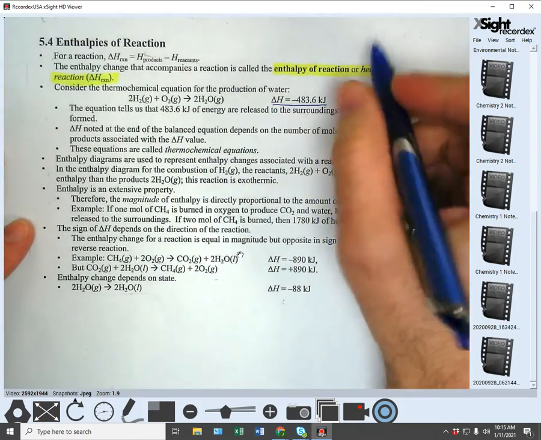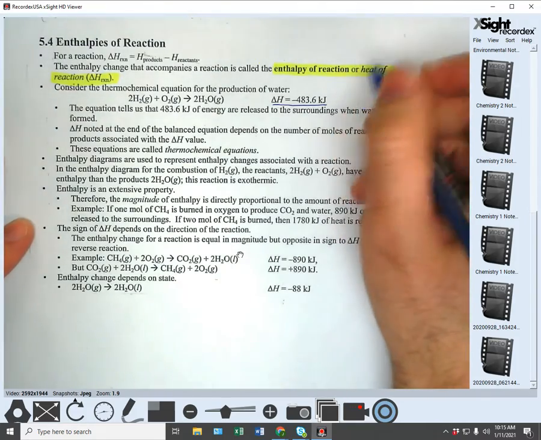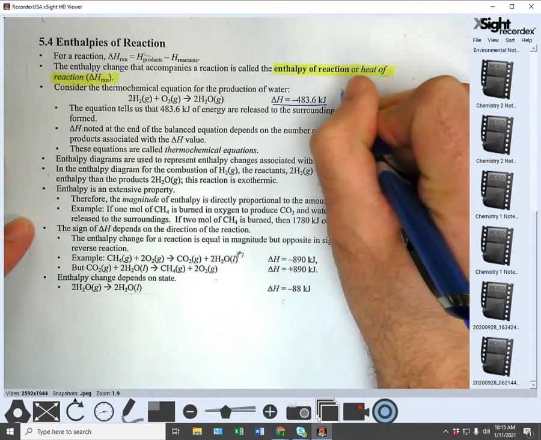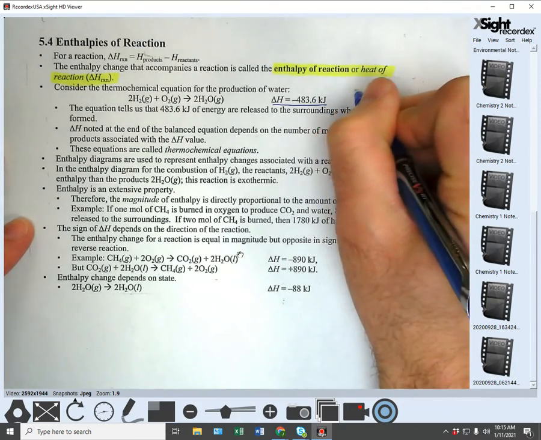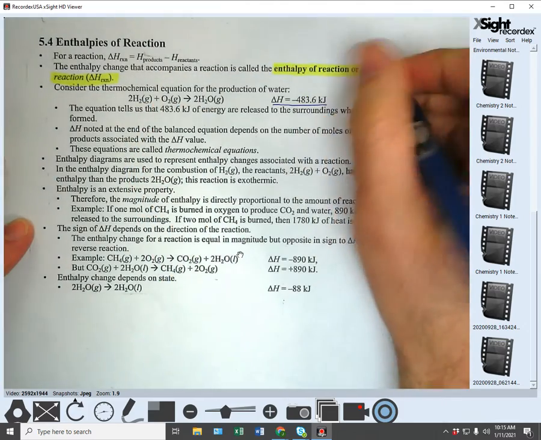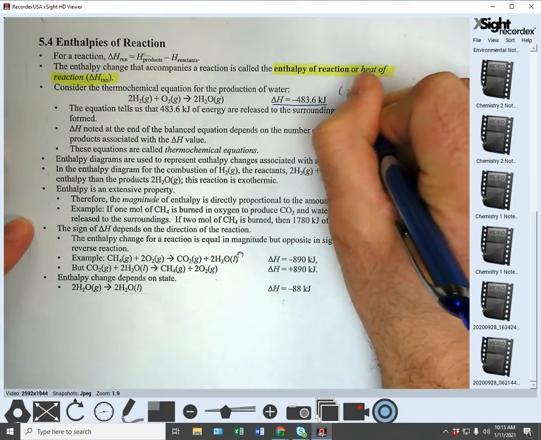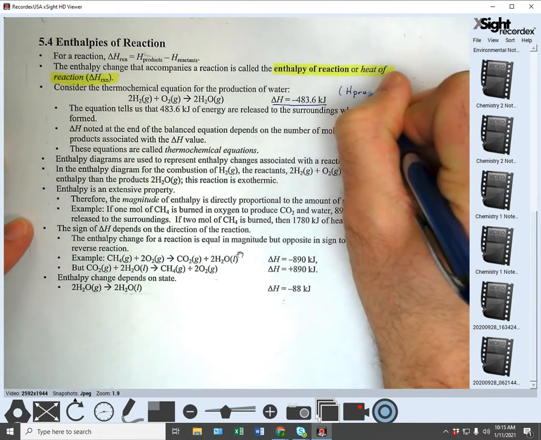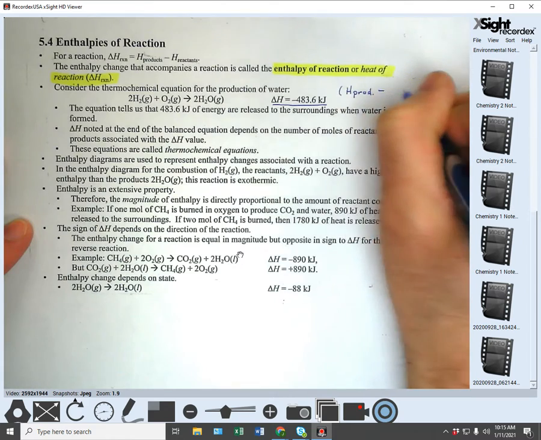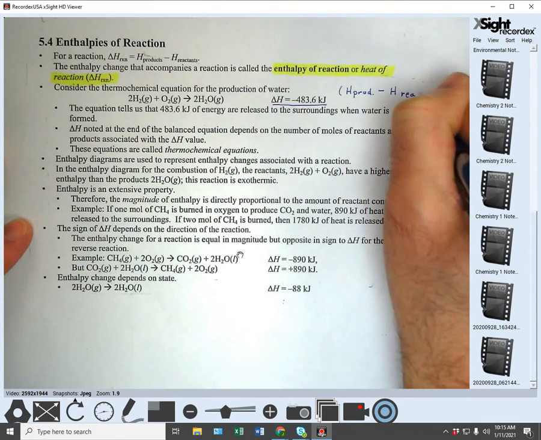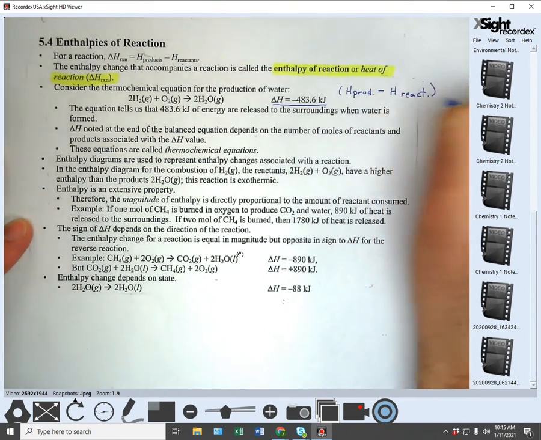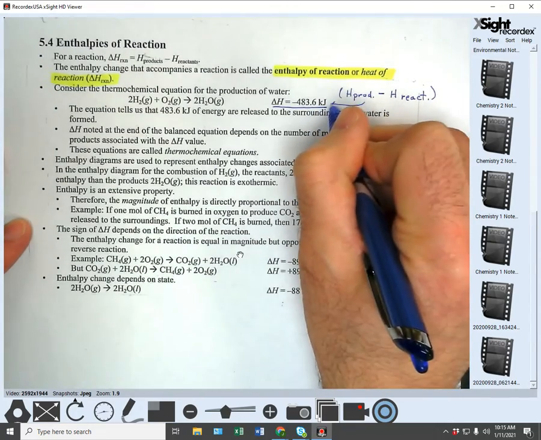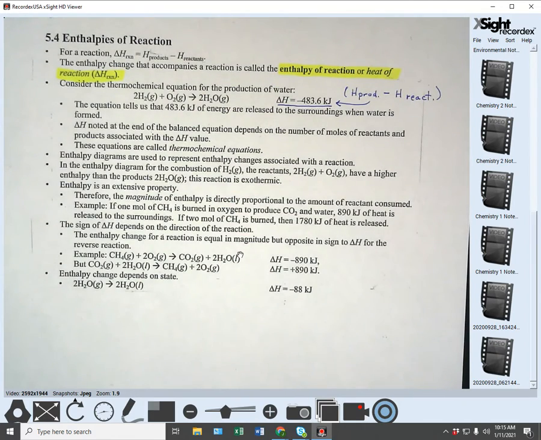Technically, it's the H of the products minus the H of the reactants. That gives you that for the reaction.